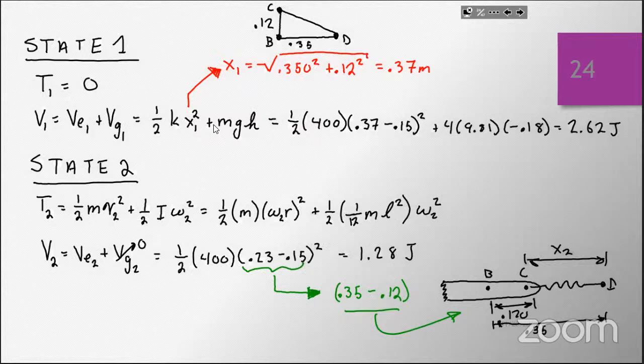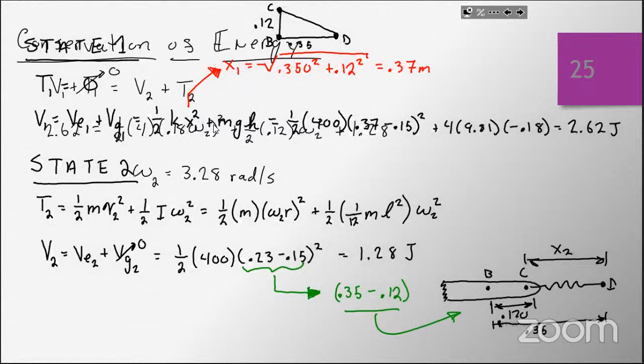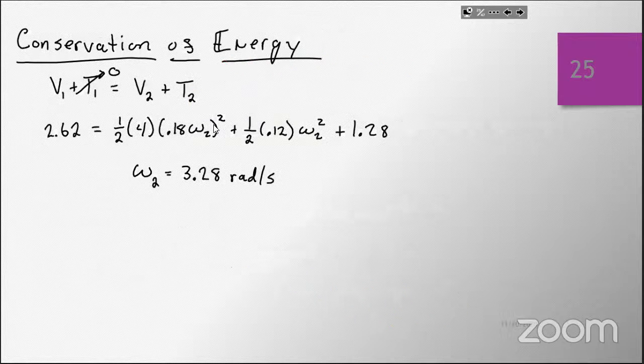So now we just do our conservation of energy equation, right? T1 plus V1 is equal to T2 plus V2. And here we are, right? Where T1 is 0. No V1, we calculated it as 2.62. Right, I can plug in all my things for my kinetic energy.